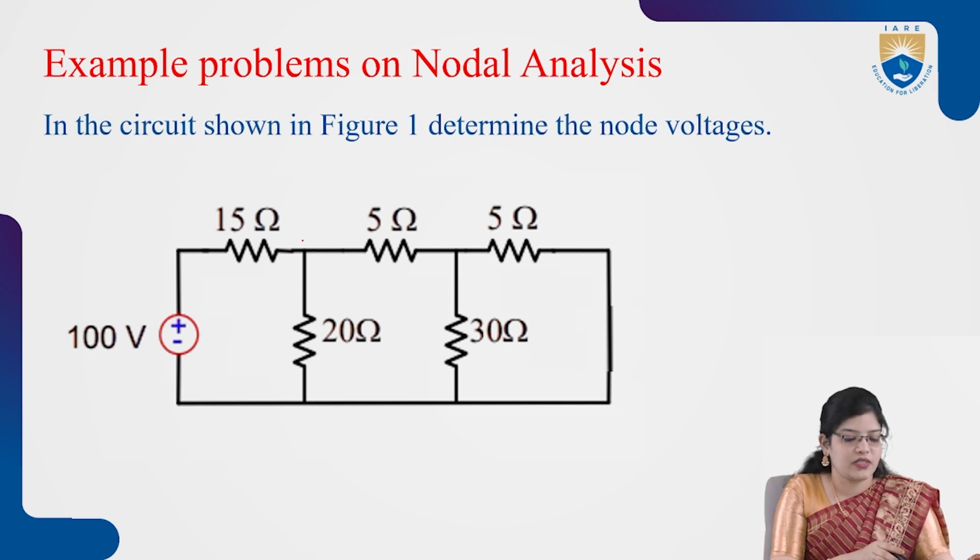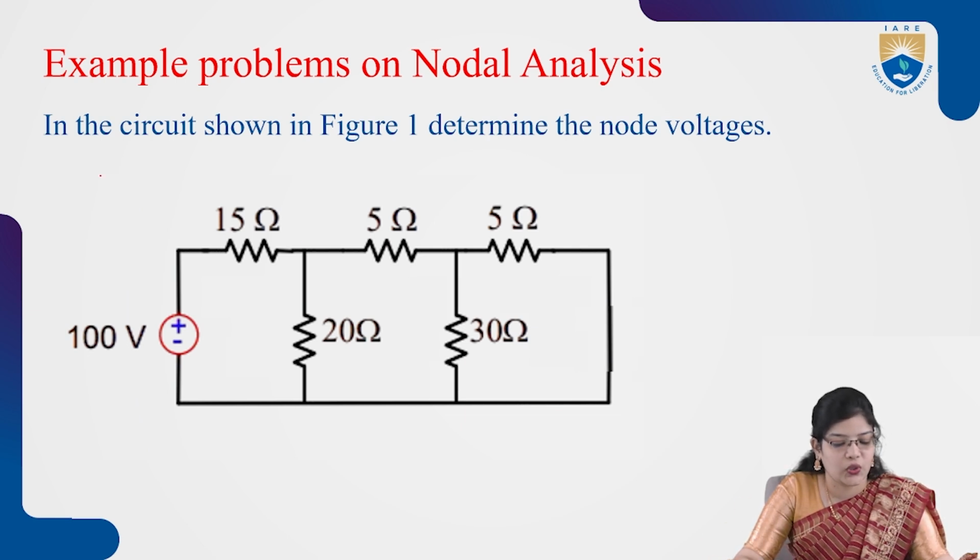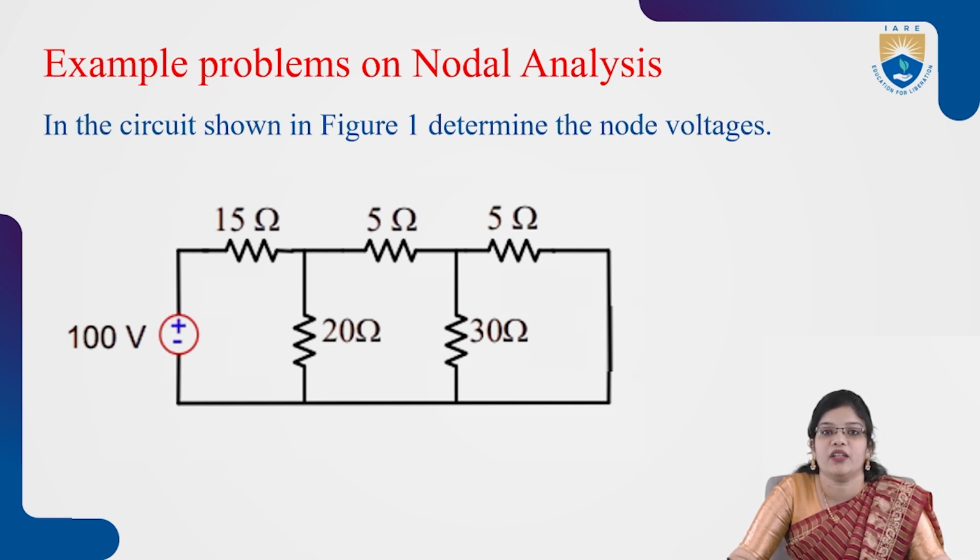Consider this problem: for the circuit shown in the figure, determine the node voltages by using nodal analysis. The first step is to identify the nodes, and from them take one reference node. A node is the joining of two or three elements at a single point.